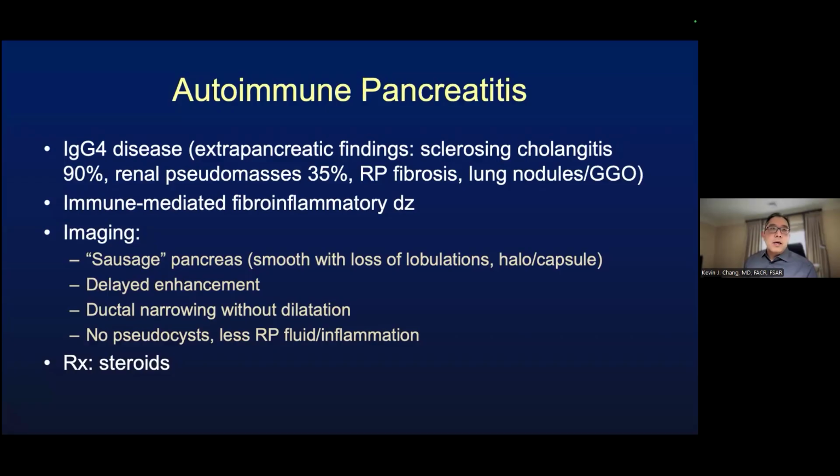And typically, they don't show as many pseudocysts as other cases of interstitial edematous pancreatitis and can show less relative retroperitoneal fluid and inflammation compared to other cases of pancreatitis. And if this diagnosis is being entertained, usually the next step is a trial of steroids, and then you can follow up the images to see if it improves.